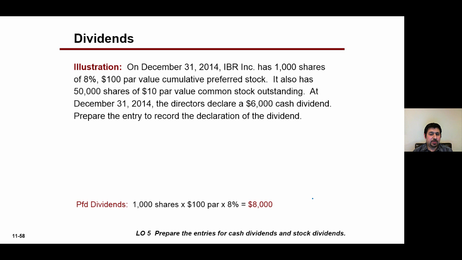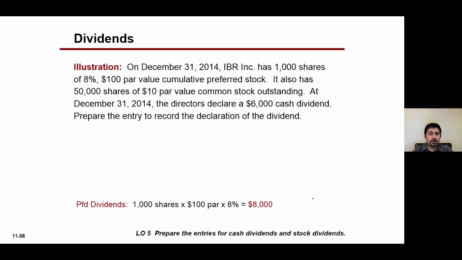On December 31st, 2014, IBR Inc. has 1,000 shares of 8% $100 par value cumulative preferred stock. It also has 50,000 shares of $10 par value common stock outstanding. At December 31st, 2014, the directors declare a $6,000 cash dividend. We need to prepare the journal entry to record the declaration of the dividend.